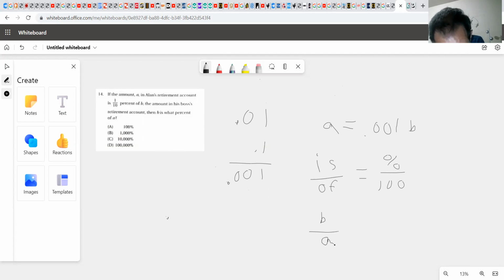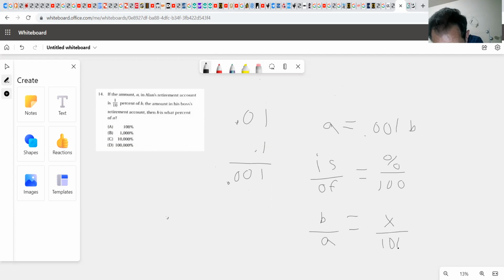That's the denominator of the fraction. Equals to is what percent, so the percent we don't know. So I'm just going to use a variable, X. So X over 100.